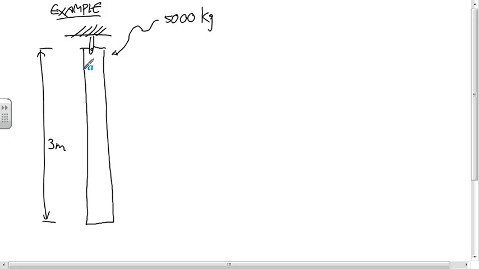Well, what's your intuition about the internal loads on this? Where are we going to have the biggest value of internal tension? The bottom isn't going to have much because a piece on the bottom right here doesn't have very much to hold up. The top is going to have a lot.